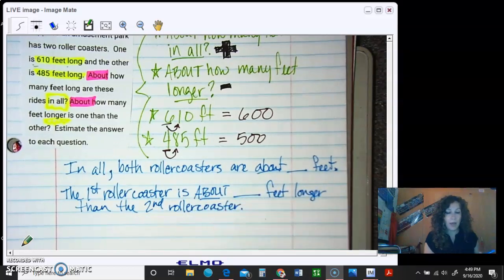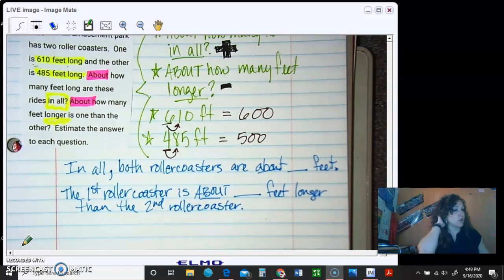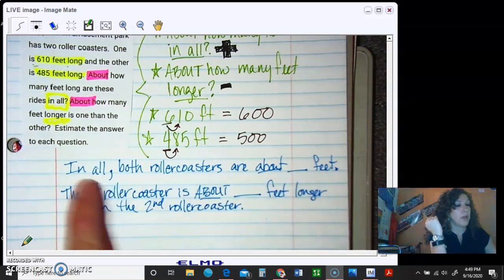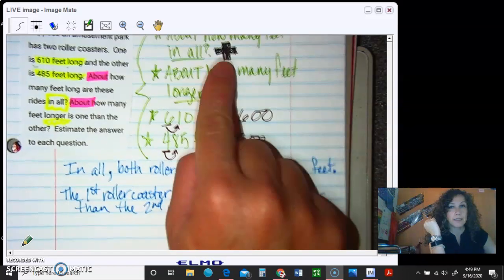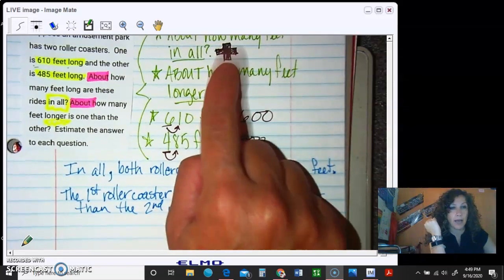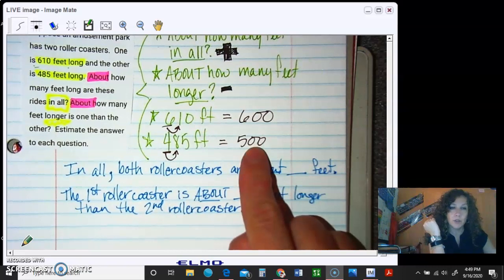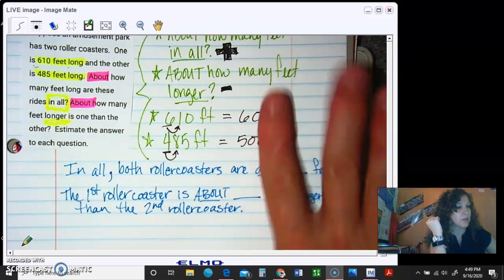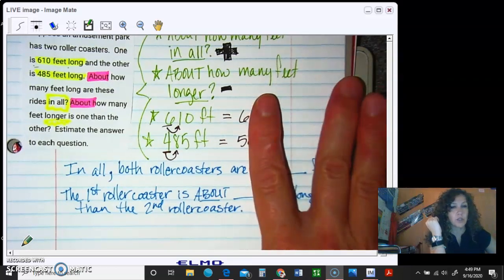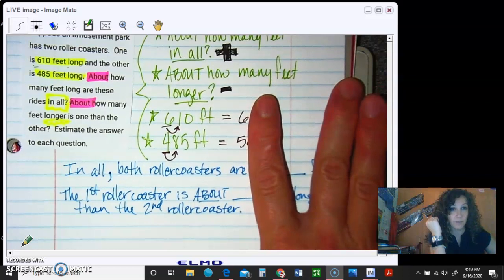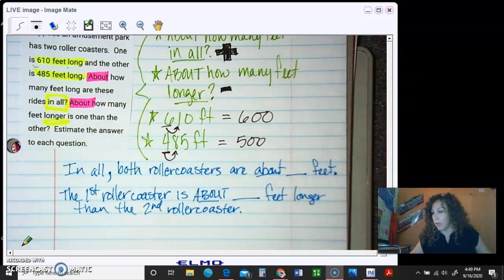Okay, so let's do the math. Should be pretty easy math here, right? So the first one, we have in all. And we already decided that in all meant we were adding. So all we have to do is add these 2 estimated figures. Okay? Well, let's cover the zeros here. And let's just think about 6 and 5. Okay? 6 plus 5 is what? 11.